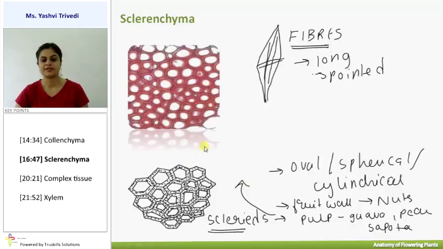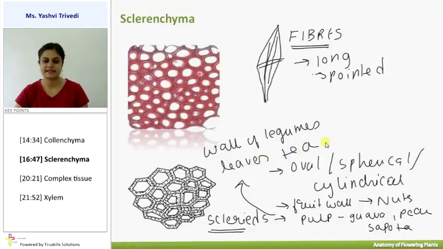They can be present in the walls of the fruits called legumes. They can also be present in the leaves of the plants like tea. So all these are the areas where sclerids will be present, and again their function will be same, mechanical support. So this is all about the three types of simple permanent tissue, that is parenchyma, sclerenchyma and collenchyma.